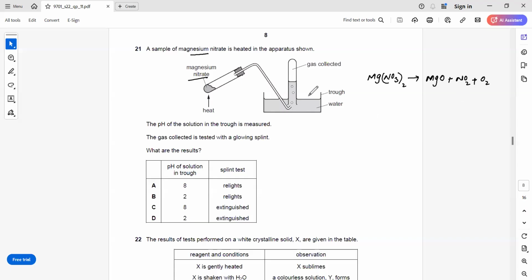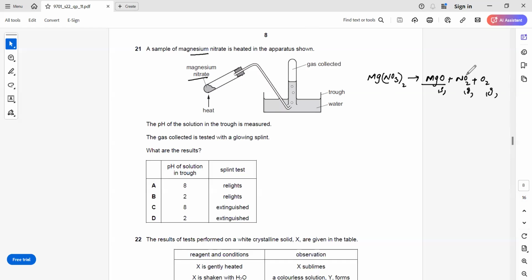These are the products which will form in this case. The solid will remain there, and these gases will pass through the water. And here we get a gas. Which gas is soluble?